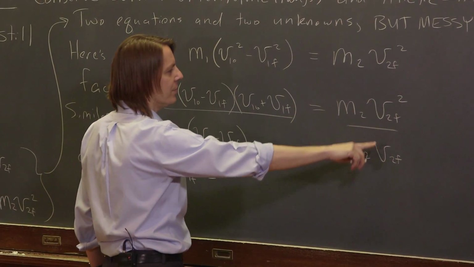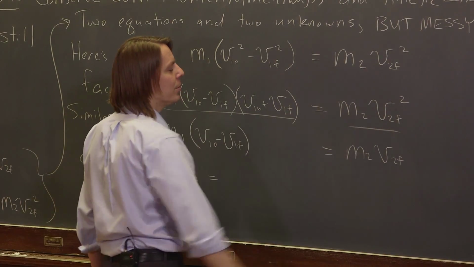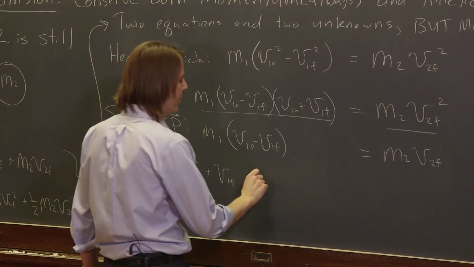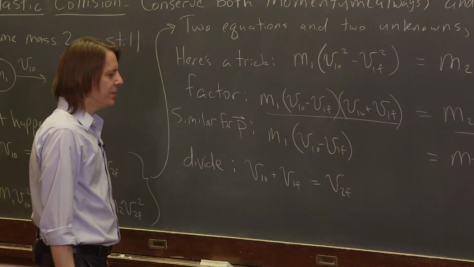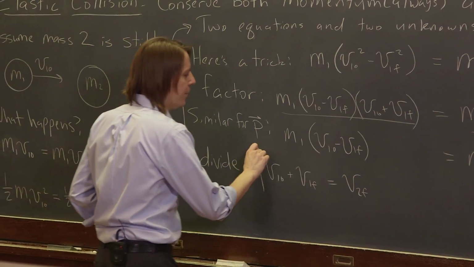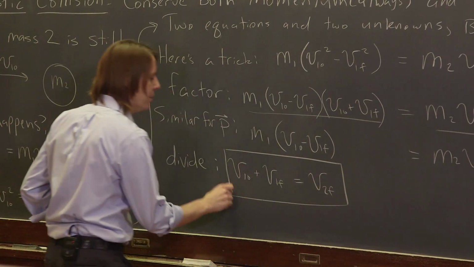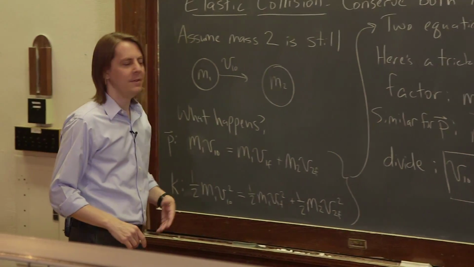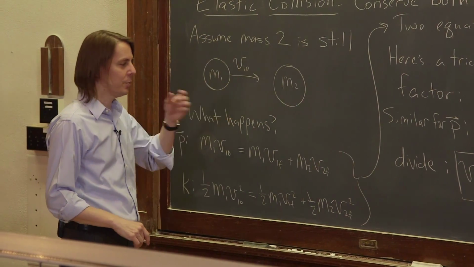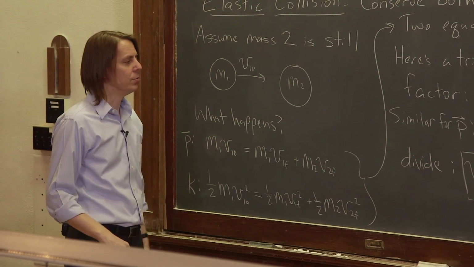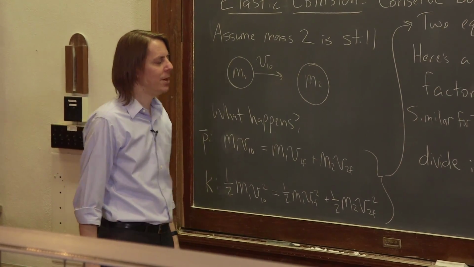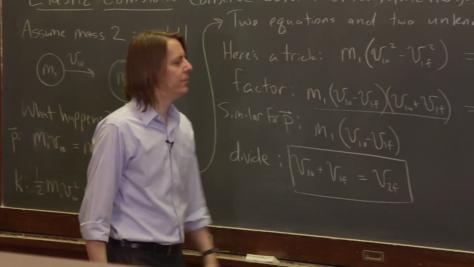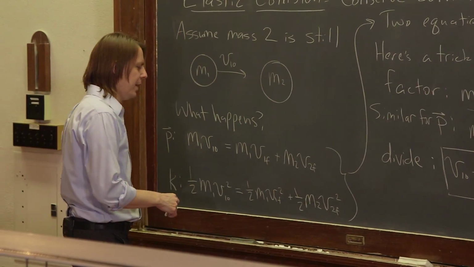The masses cancel, and the squared v2f's cancel, so all you end up with is v2f. So you get this equation that's just true for an elastic collision where you have no v2 naught. There's a special case where we have no initial motion, and that's just true. There's that relationship between the initial and the final velocities for this case.